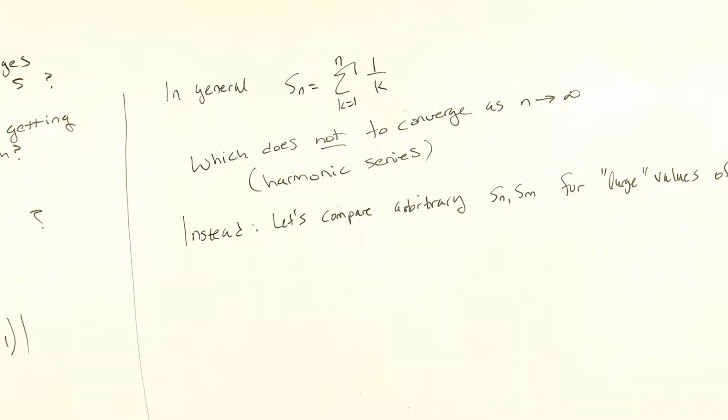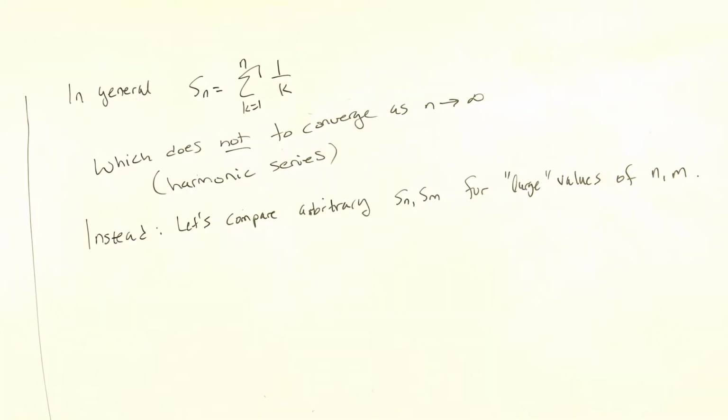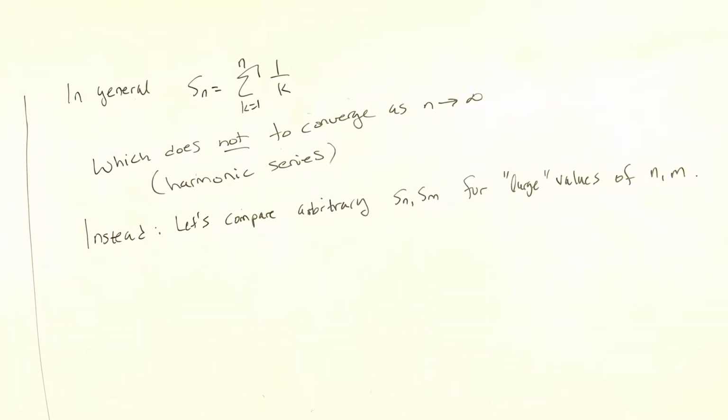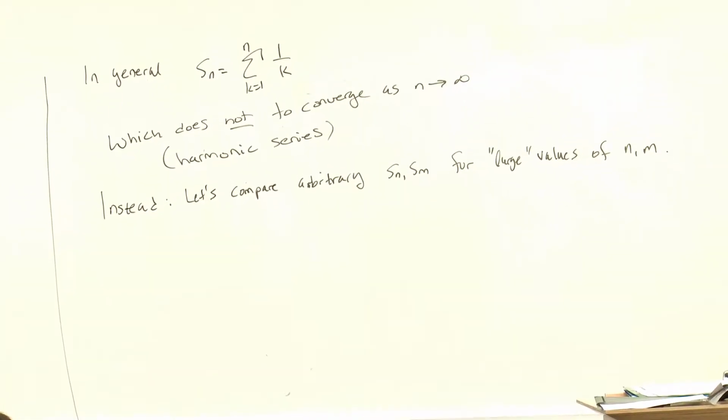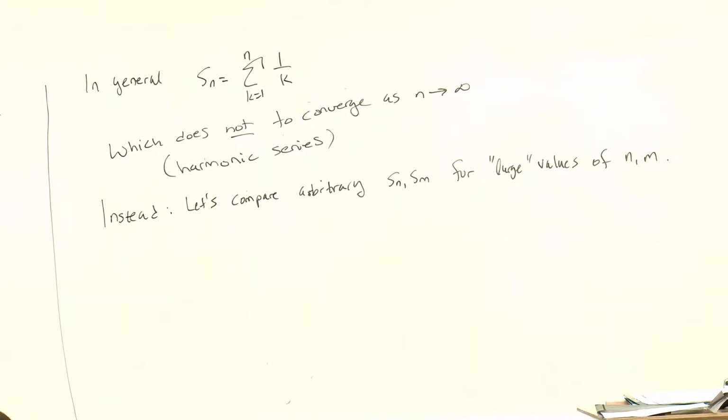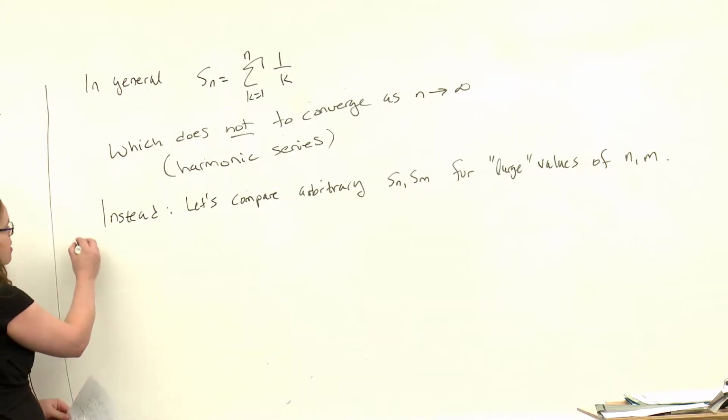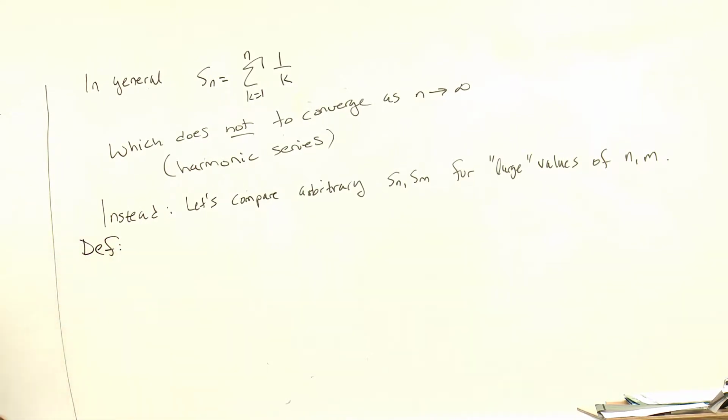So instead of saying, great, S100 is close to S101, we'll say, OK, S100 is close to S200, and S100 is close to S5000, and all of these different things are close together. So maybe that's good enough. OK, so this is going to be what we call a Cauchy sequence.